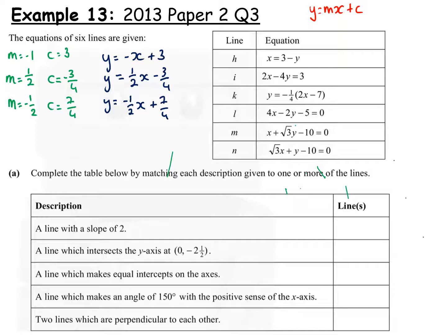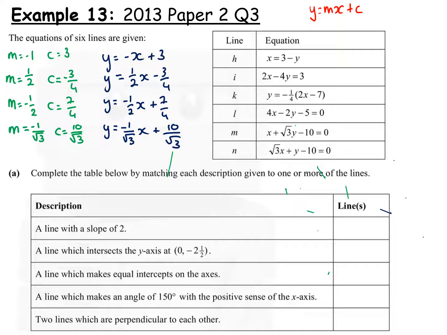And then here we have y equals, so that's minus 1 over root 3 x plus 10 over root 3. So that gives us the slope is equal to minus 1 over root 3, and c is 10 over root 3.